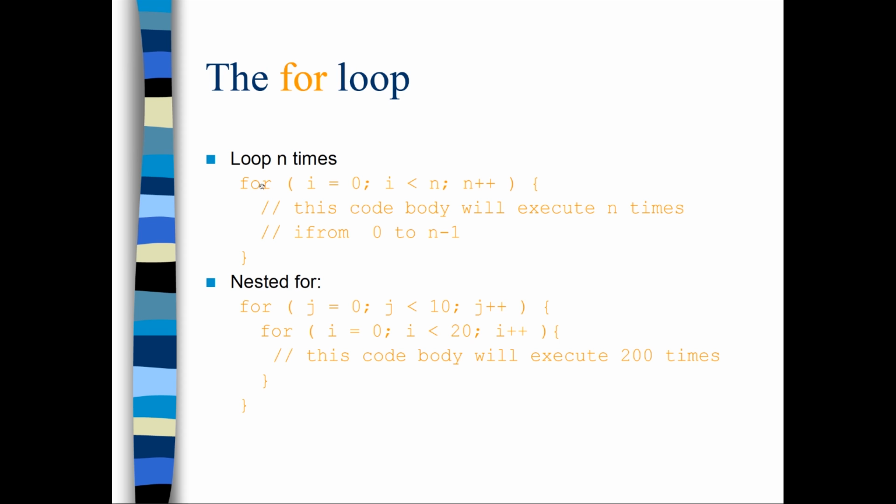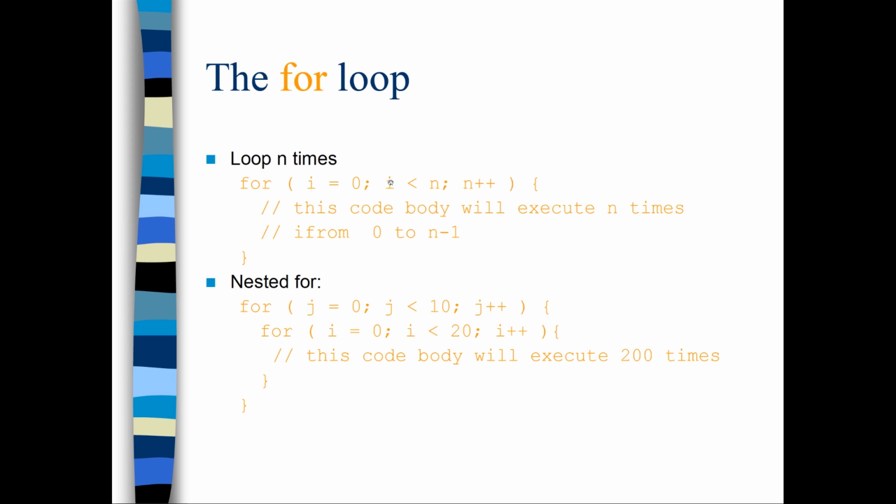So how is the for loop declared in Java? We just write for, and this is the initialization of your variable upon which you want to check the condition. This phase before the first semicolon is called initialization. The second part of the for loop is condition.